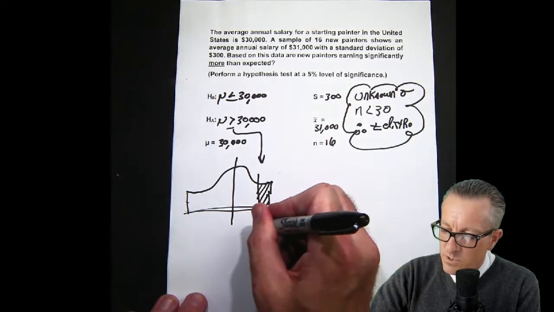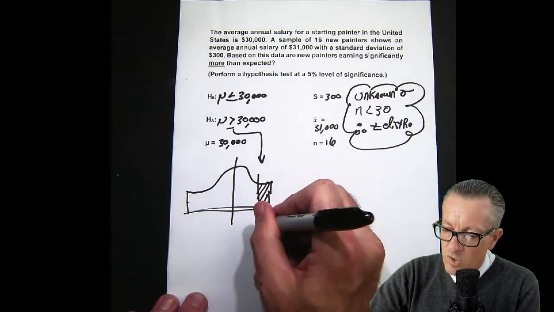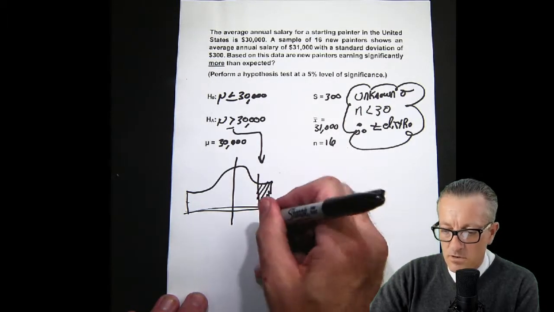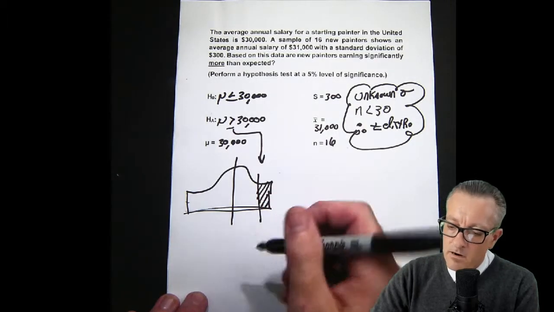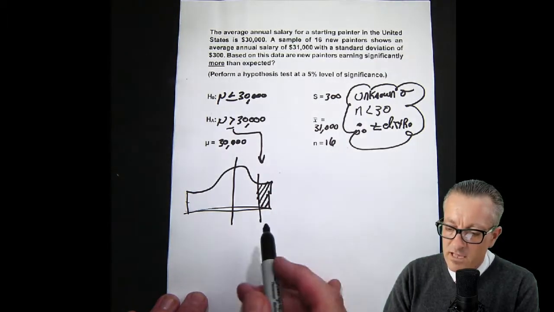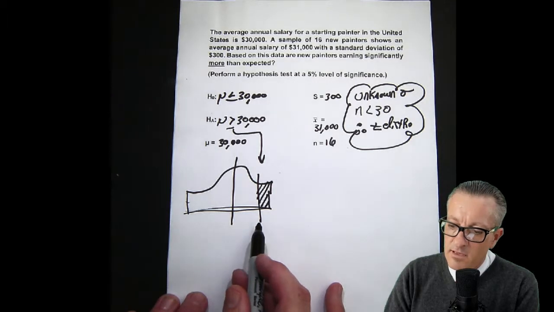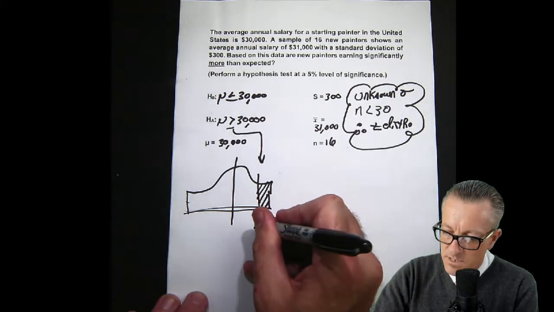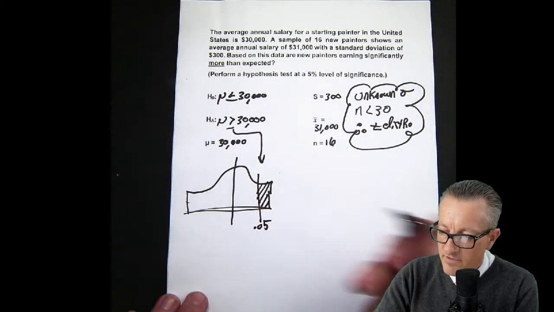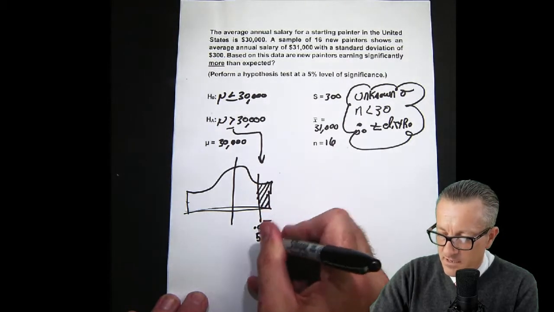So let's write out our significance level that we will use, where if our calculated value is less than the significance level, then we're going to reject. So it is 0.05 or 5%.